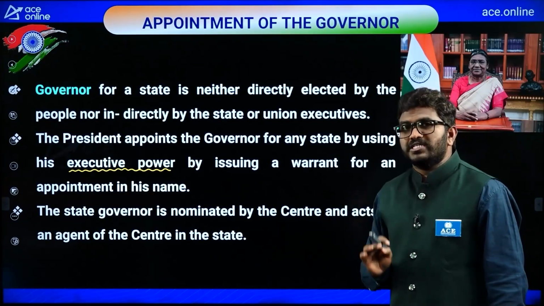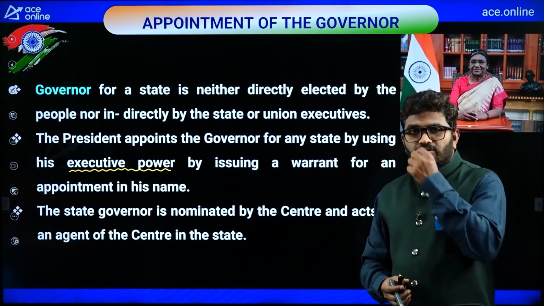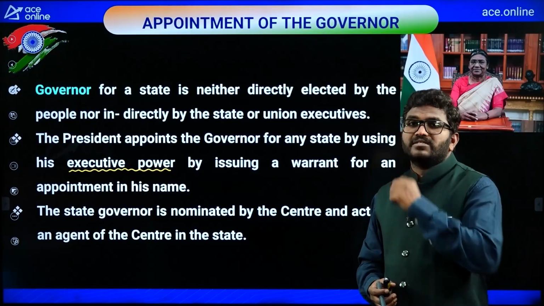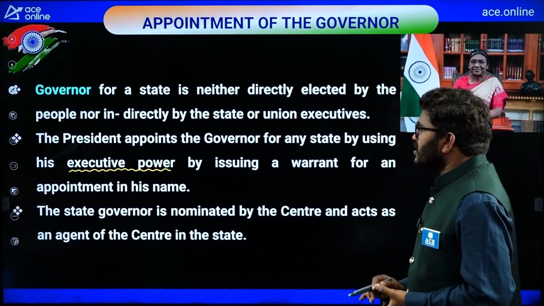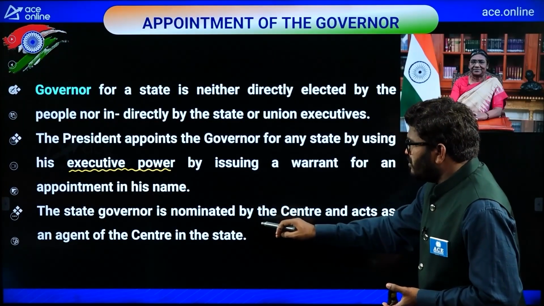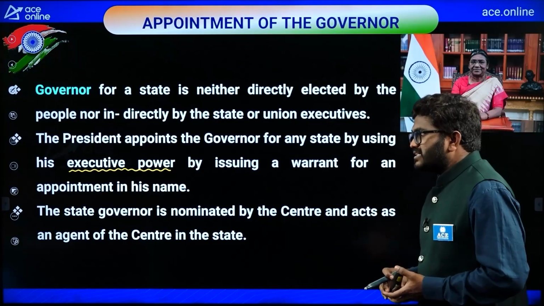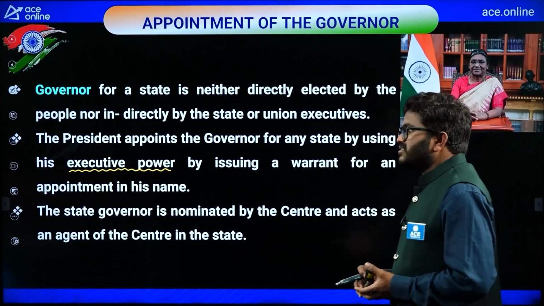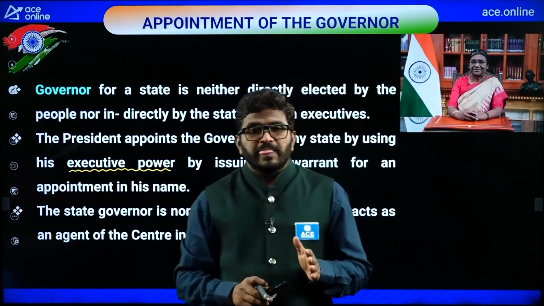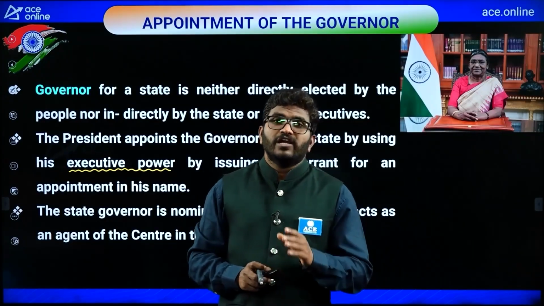The state governor is nominated by the center and acts as an agent for the center in the state. So remember, who will appoint the state governor? The President will appoint.